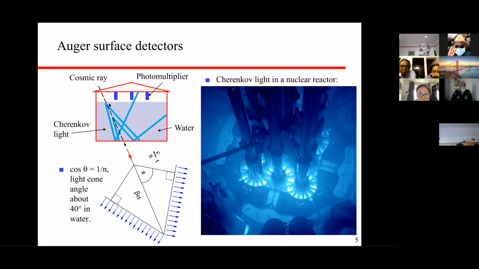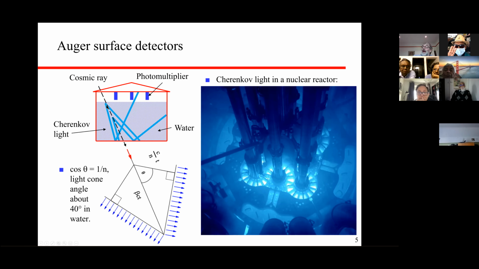And in that circumstance, the particle emits what's called Cherenkov light, which I've tried to illustrate with these blue rays here. And that light is detected by these light-sensitive detectors at the top of the tank after it's bounced around a little bit. And so by detecting that light, you know that a cosmic ray has passed through the tank. So that's how the surface detectors work.